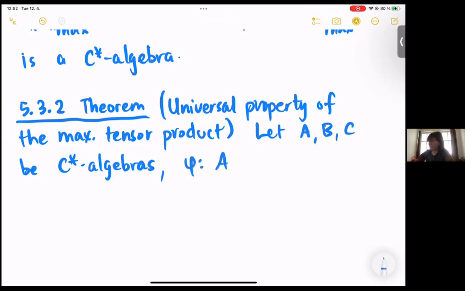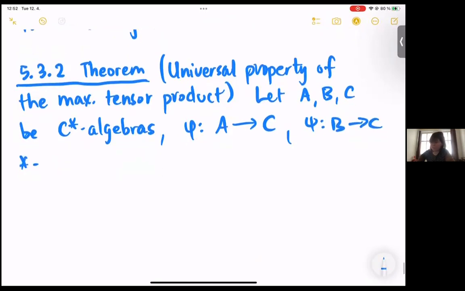So if we have A, B, and C are C-star algebras, phi from A to C and psi from B to C star homomorphisms with commuting images.